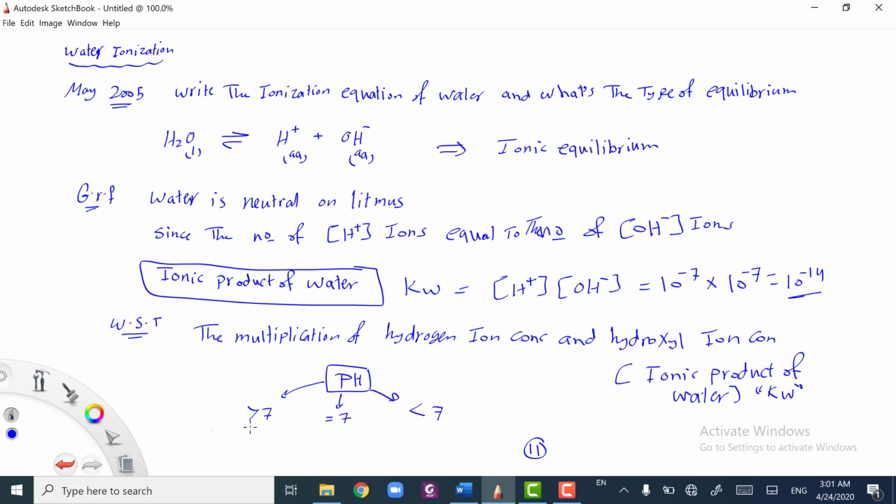If the pH is less than 7, it will be acidic, equal to 7 neutral, more than 7 basic. Then in the next video, inshallah, we are going to make notes on the problems for Ostwald law and how to deal with it.